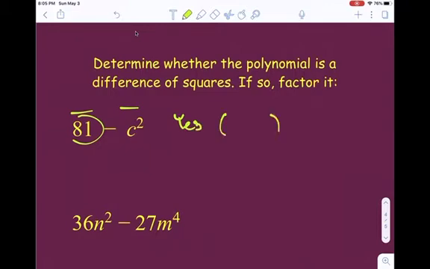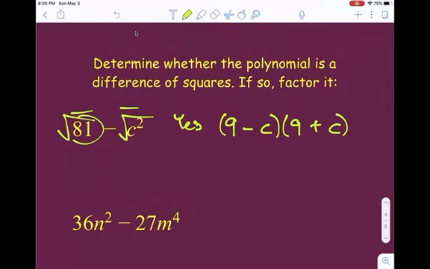That means basically what you do is take the square root of this and the square root of that, and those are going to be your terms. So the square root of 81 is 9, so 9 is going to go right there, and the square root of c squared is c, and then you're just going to have a minus and a plus, or a plus and a minus. It doesn't matter.